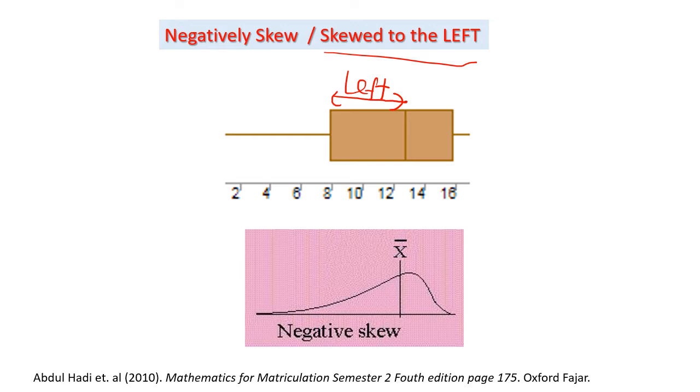The degree of skewness, slight, moderate, and high, will come later when we discuss the Pearson coefficient. So remember, right now for the box and whisker, if the question asks about the conclusion about the skewness, just mention skewed to the left, skewed to the right, or if you notice it is almost at the center, just mention almost symmetrical. Okay.